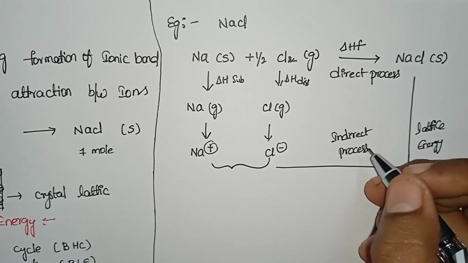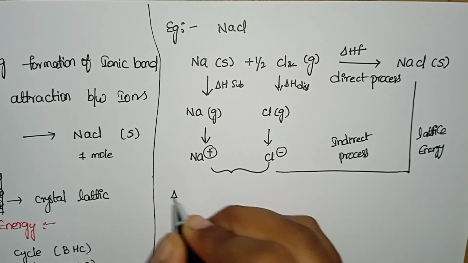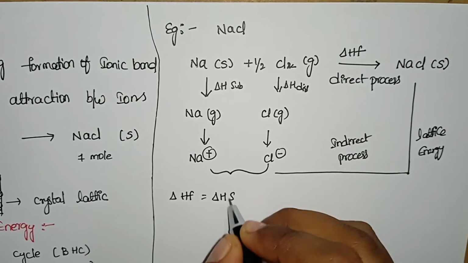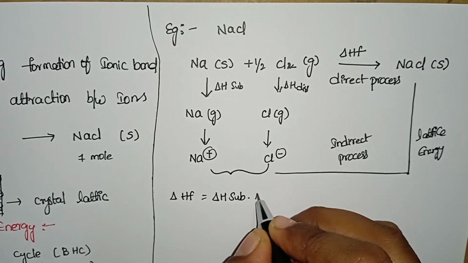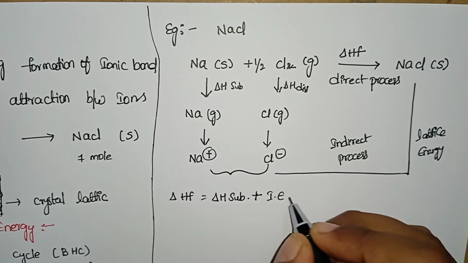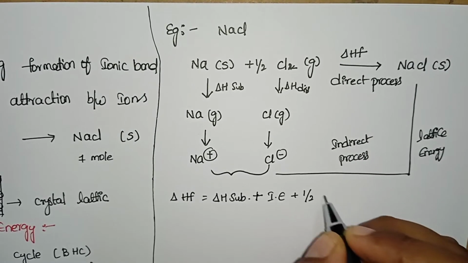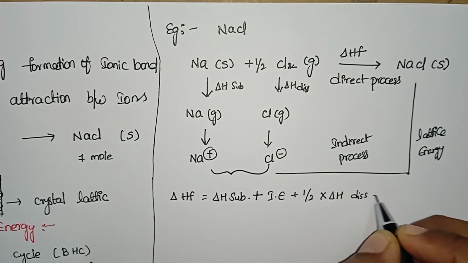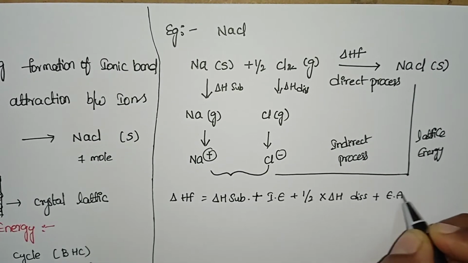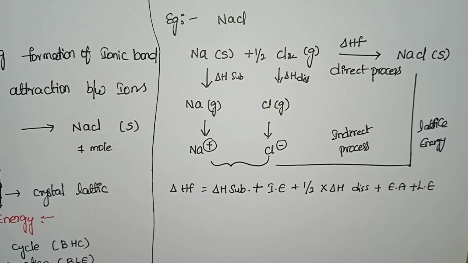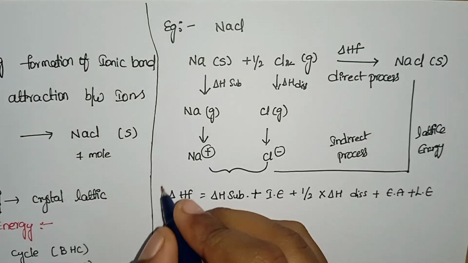Okay, so delta H f is equal to delta H sublimation plus ionization energy plus half of delta H dissociation plus electron affinity plus lattice energy. Okay, this is the equation.